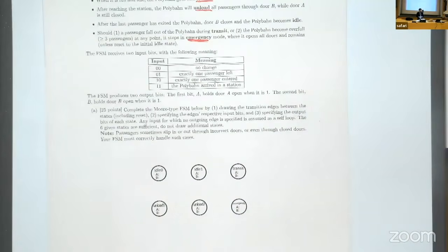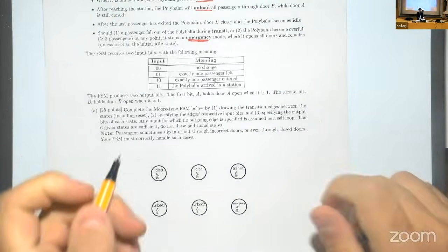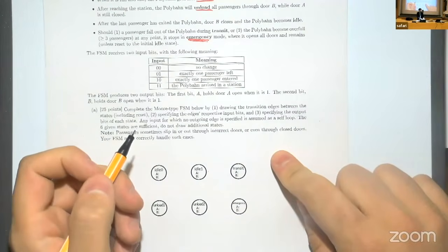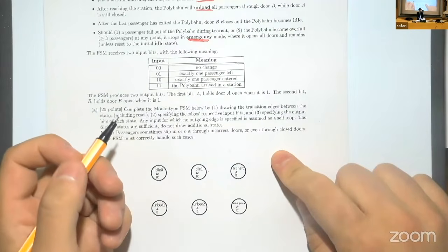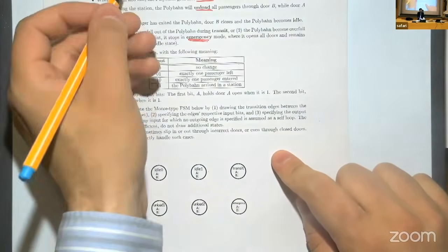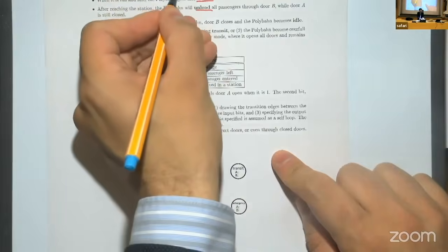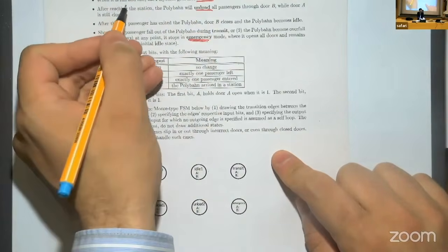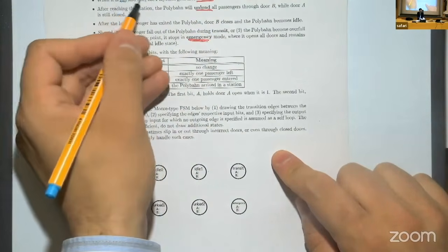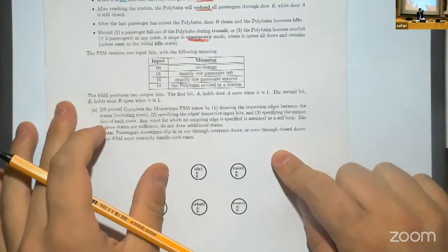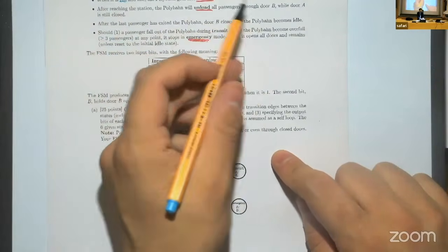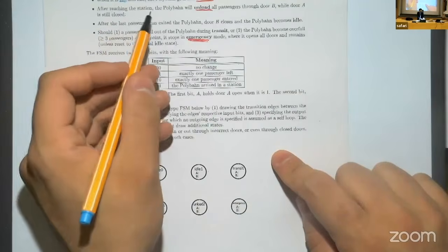And another important piece of the puzzle, if you will, is that you can see there are multiple places where we're talking about numbers of passengers. So for example, the polygon is full when it has 2 passengers. And when it's full and idle, so somehow the control depends also on the number of passengers, then it will do X, Y, and Z.